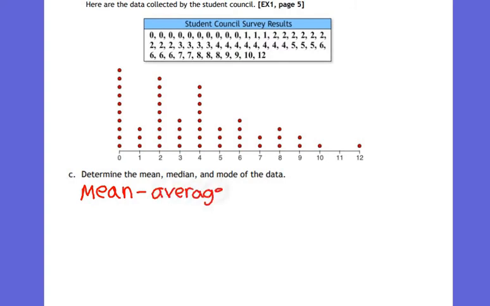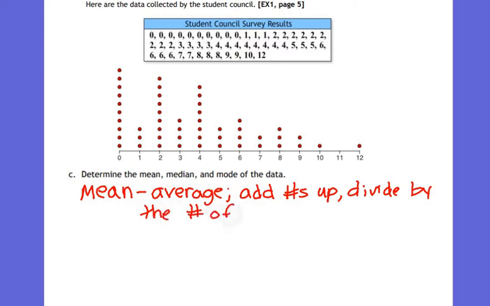To find the average, I have to first add all the numbers up. Then what do I do after I add all the numbers up? Divide by the number of numbers you have.